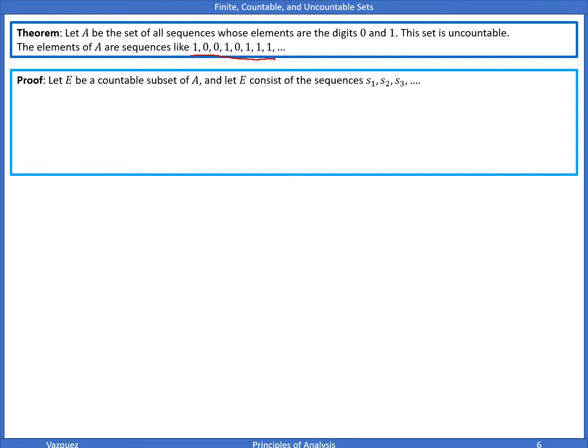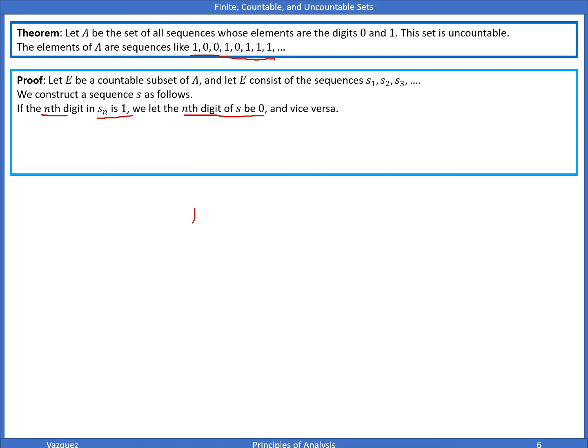So for this, we're going to say that we can construct the sequence s as follows. If the nth digit of s sub n is 1, we change that digit to 0. Or if it's 0, we change it to 1.